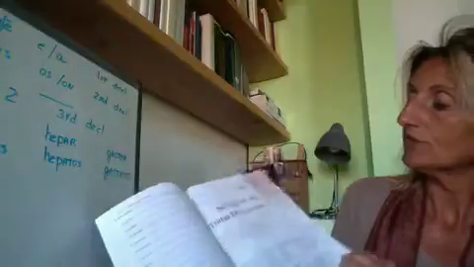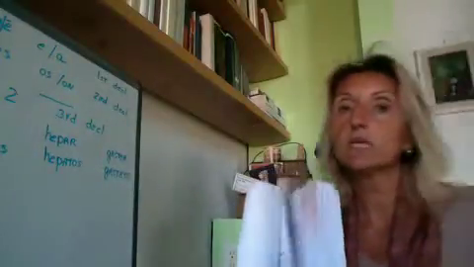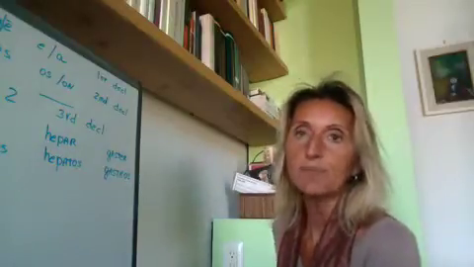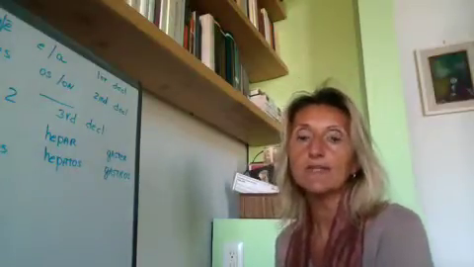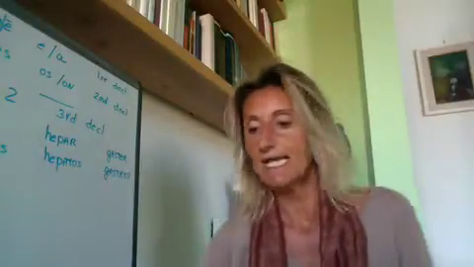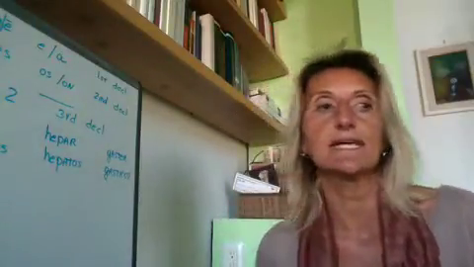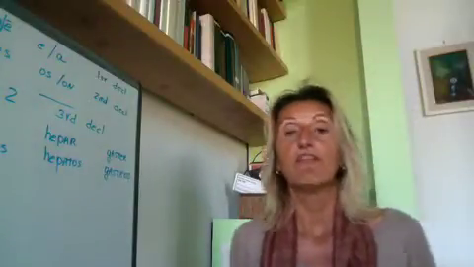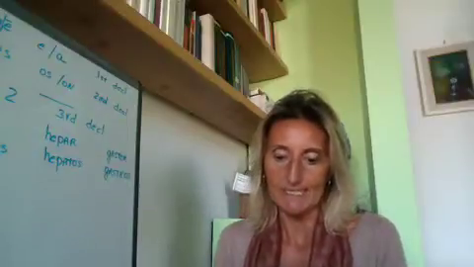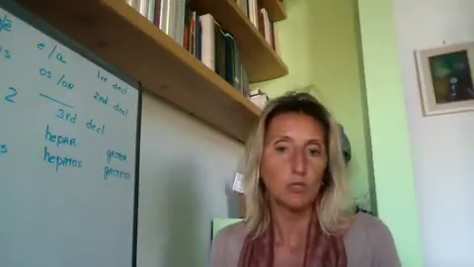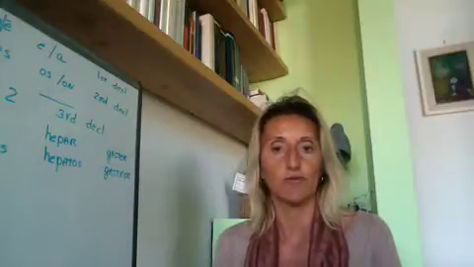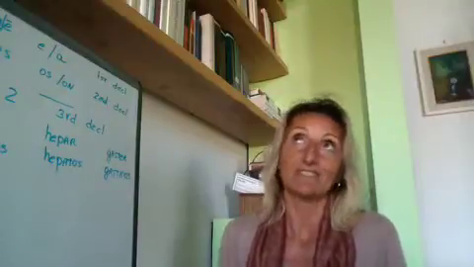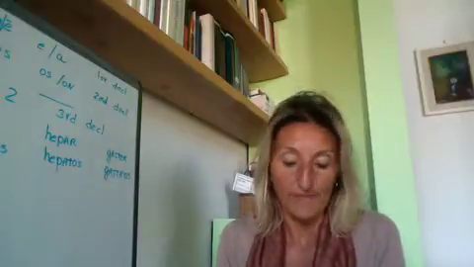Now, what this chapter focuses on is Greek words of the third declension. What does that mean? Greek is an inflective language, like Latin, which means that the words change form depending on the grammatical value they have in the sentence.